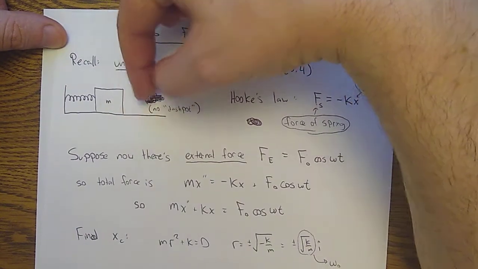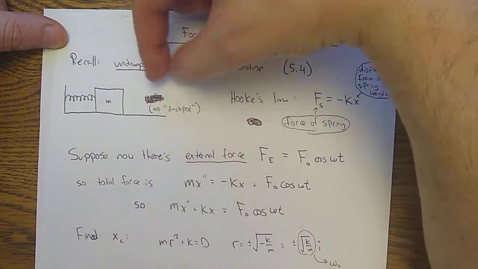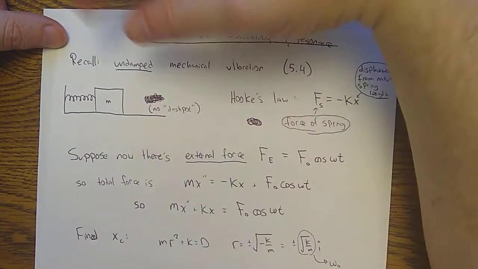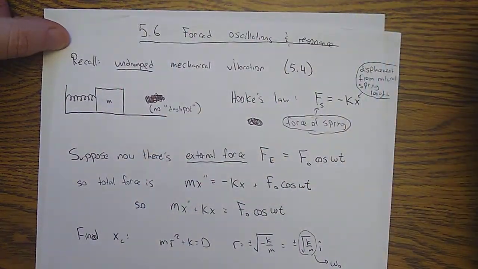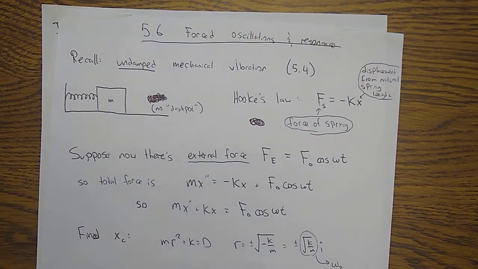And in the damped case, we had this dash pot. In the undamped case, we had no dash pot, or we could say we had a dash pot that just wasn't doing anything. It was applying zero force. So hopefully you all remember that. I will kind of re-derive at least the relevant part that we're about to do.